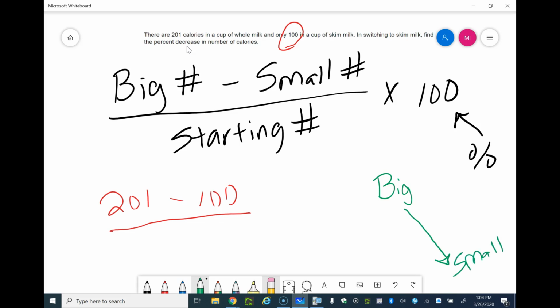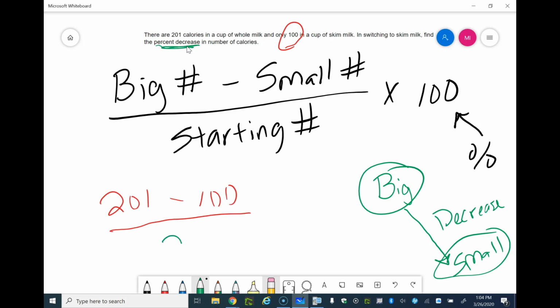That's the only way a decrease works, right? We have to start big in order to decrease to something small. So because we're talking about decrease, we're going to put the starting number to be the bigger number, which is 201.